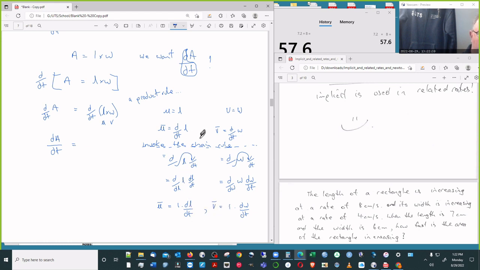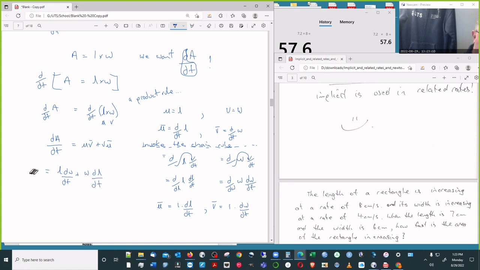Okay, so given that we've got that now, we can put this together as u dv plus v du. So we'll get u was L, v dash is dW/dt, v was W, and u dash is dL/dt.